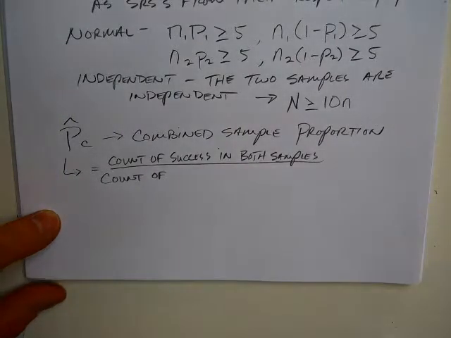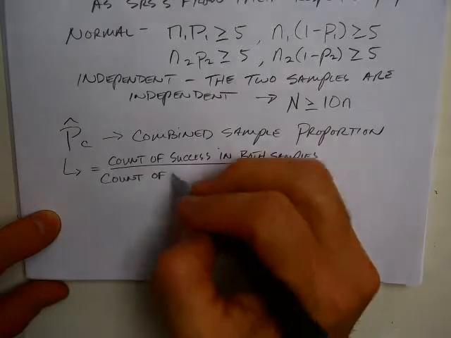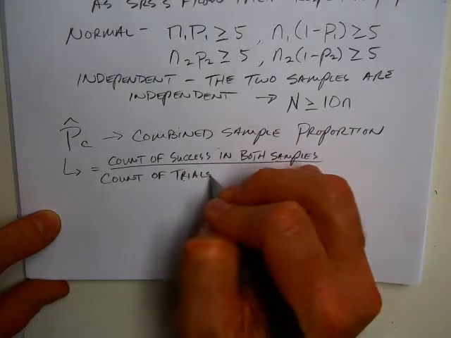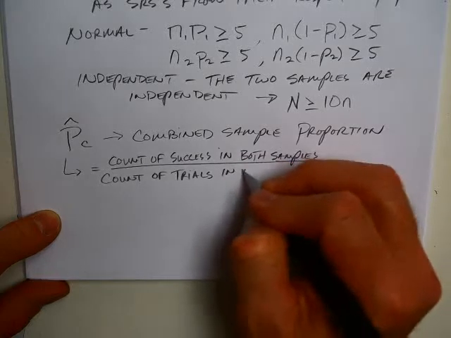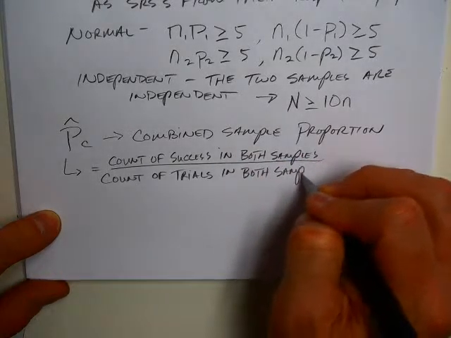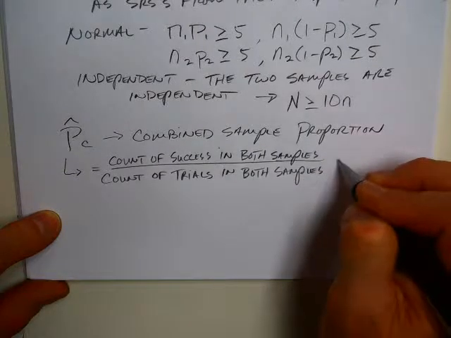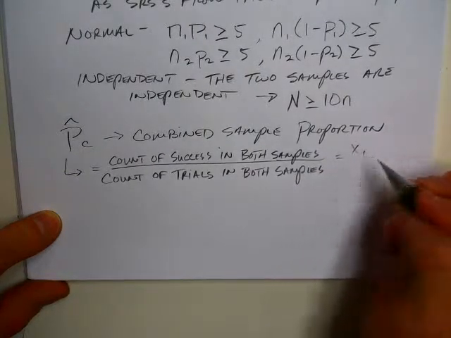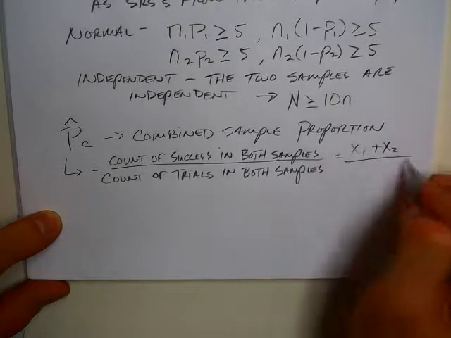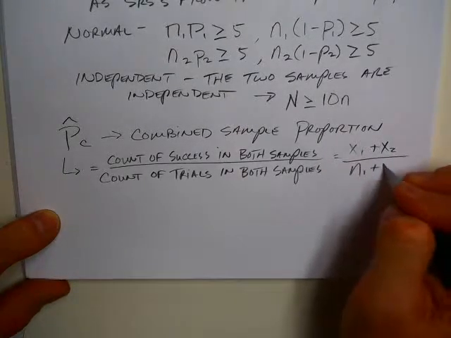I'm going to change that to trials because it may not be individuals. It's easy enough to calculate. It's x1 plus x2 over n1 plus n2.